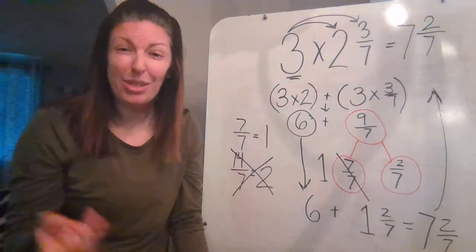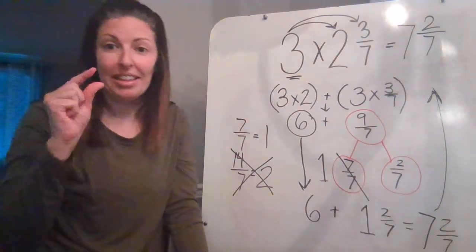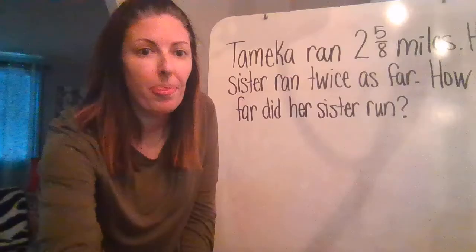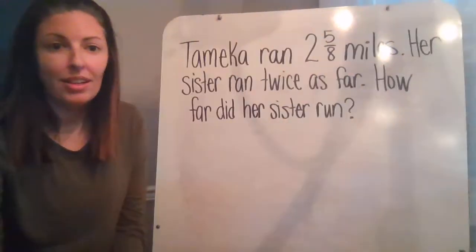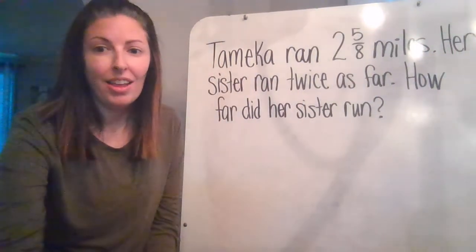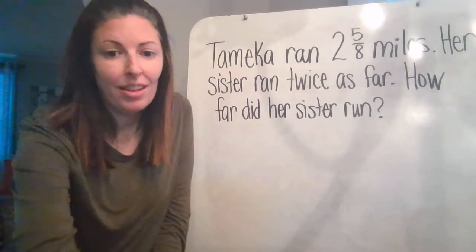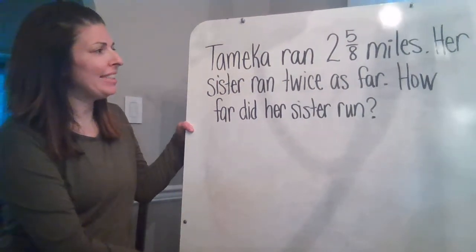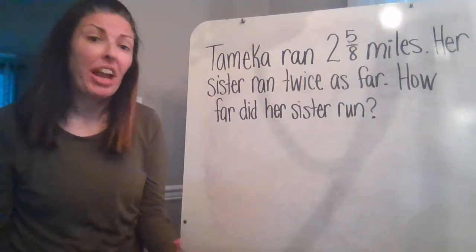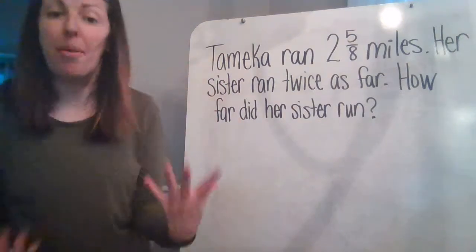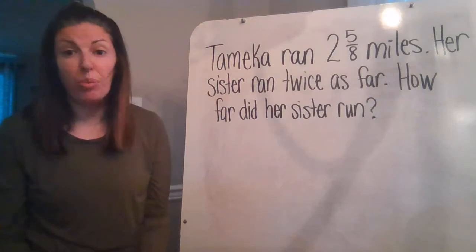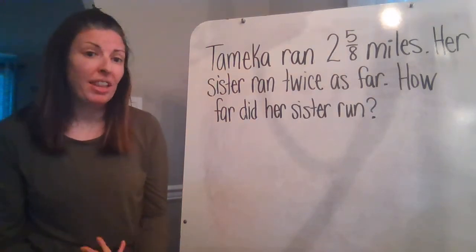Okay, next we're going to apply this a little bit differently. All right, friends. So, like I said, when we see whole numbers times mixed numbers, it's great that we're able to multiply them.